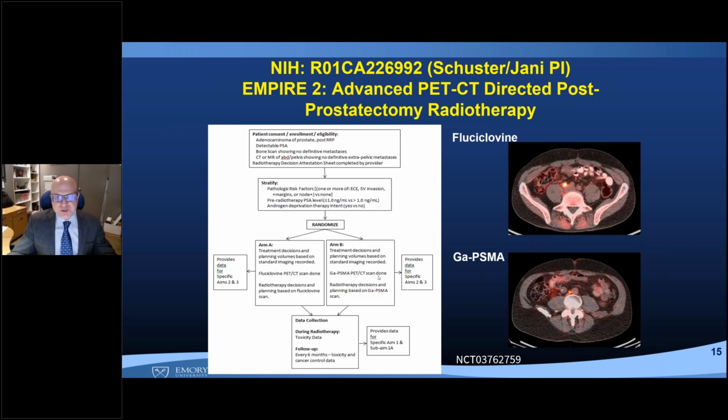We're going to be looking at 2-year and beyond PSA-free survival, as well as some other interesting endpoints. And the study is now over 1/3 accrued. It's going very rapidly. This is just an example of a node positive on fluciclovine and PSMA from this trial.